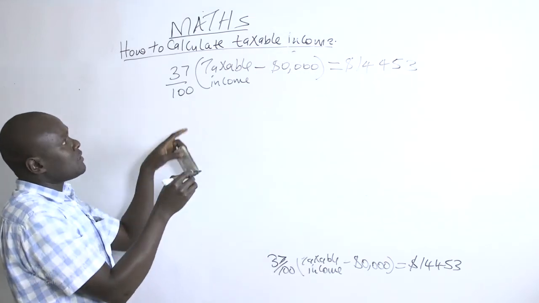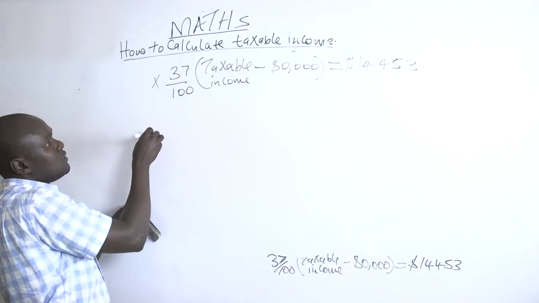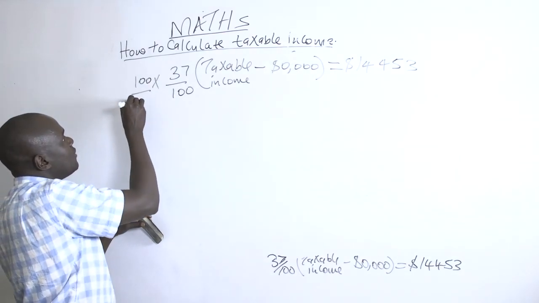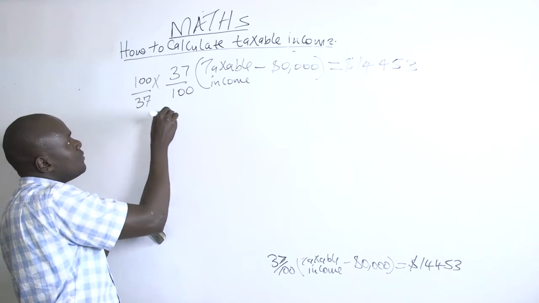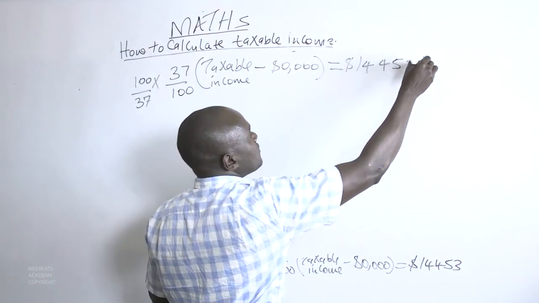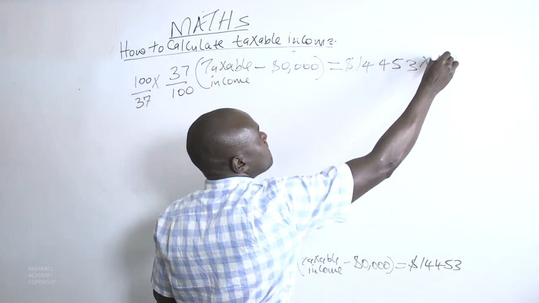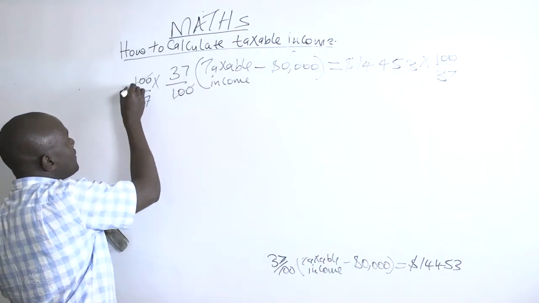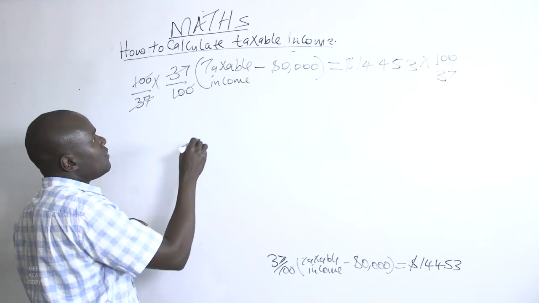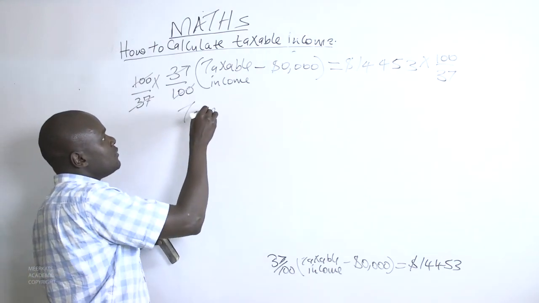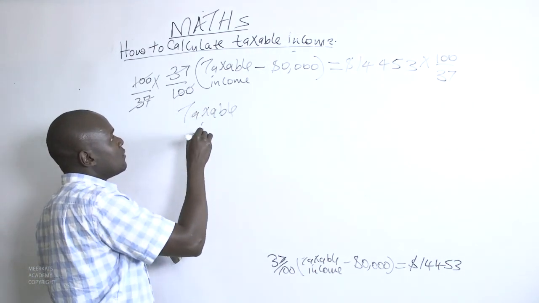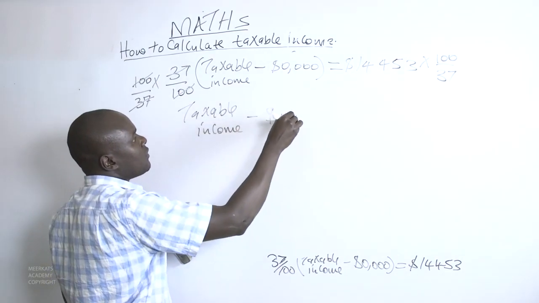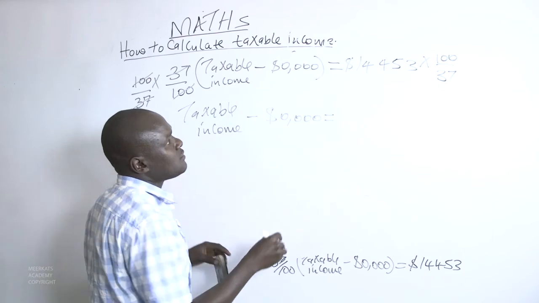So to remove this constant, as we did in our previous example, we multiply by the reciprocal of the same on both sides, so that this and this will cancel, and we remain with our taxable income minus $80,000 should give us this.